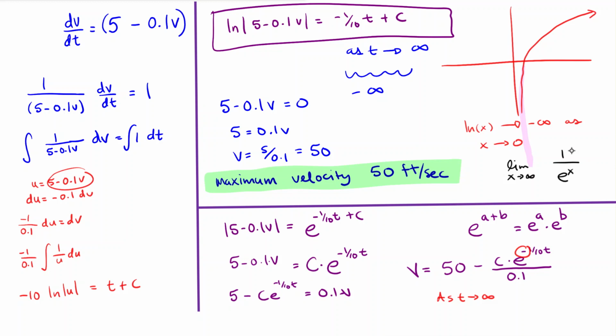Whenever the top is fixed at 1 and the denominator is exploding in growth, that's going to make the overall fraction go to 0. So we see as t goes to infinity, this part of the expression goes to 0, and we're left with 50 minus something approaching 0, so our velocity approaches 50 feet per second, just as we found using our other method.